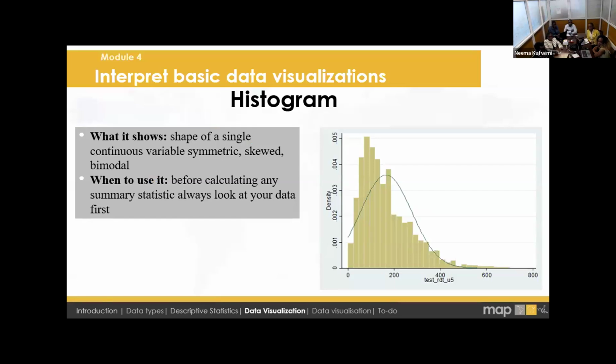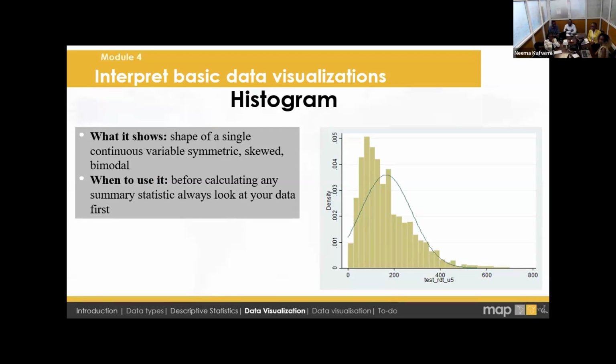In our context, we are going to look at three tools: the histogram, the bar chart, and the box plot. Further information about data visualization, you will learn in another workshop strictly on data visualization. As you have previously seen, the histogram shows us the distribution of continuous variables, and you can see if your data is symmetrical or asymmetrical, if it is skewed, if it is bimodal.